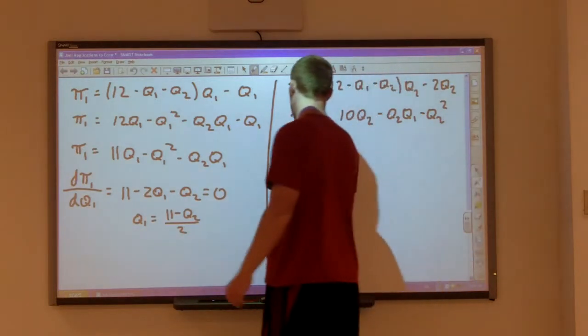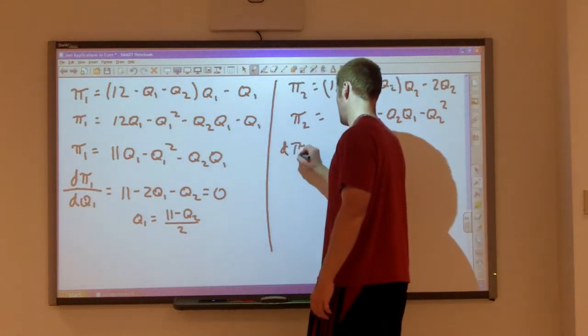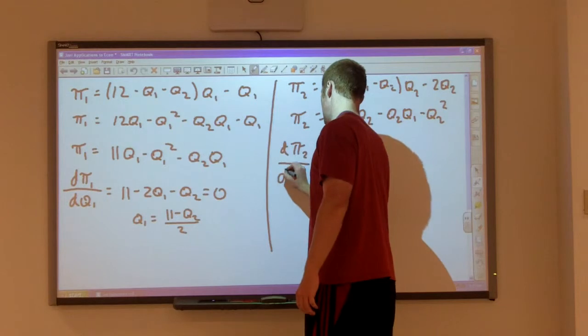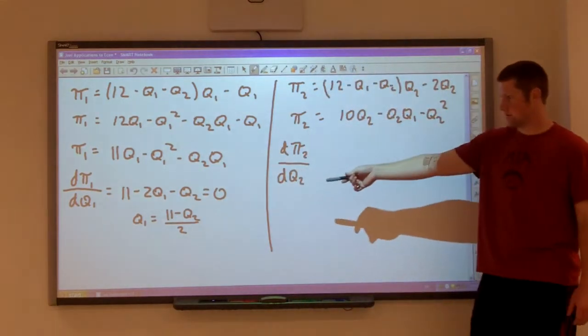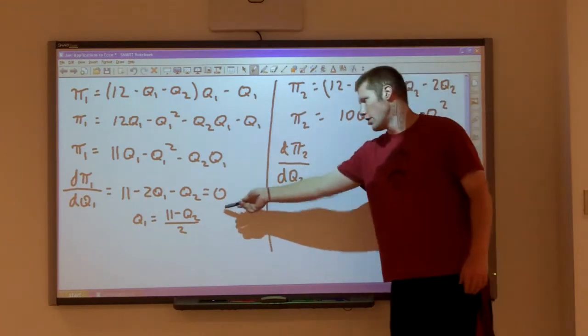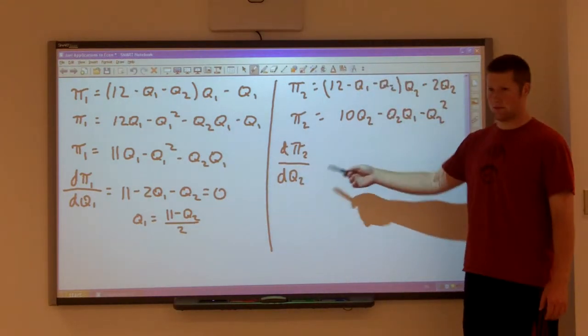And if we take the derivative of that, in the same way that we held Q2 constant on the other side of the board, we're going to hold Q1 constant for this derivative.